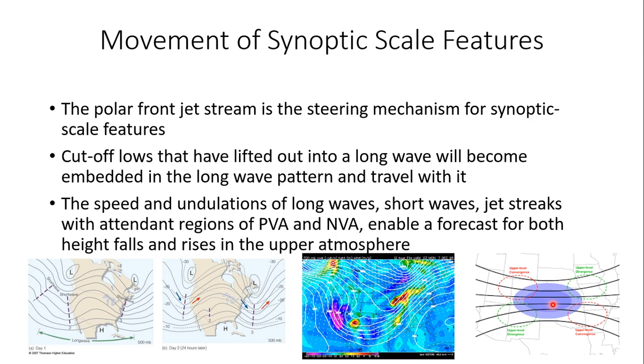And if we divided the jet streak in half, remember, the upper left and the right rear quadrants of the jet streak are associated with upper level divergence and rising air motion, removal of mass aloft, while the right front and the left rear quadrants are associated with sinking vertical air motion and upper level convergence, more fair weather.